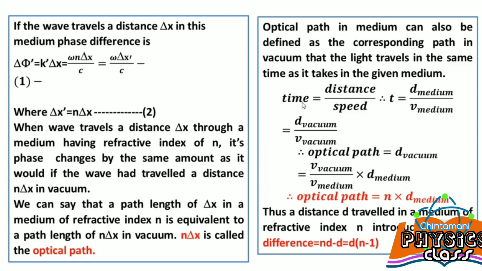According to the basic definition of speed, speed is equal to distance divided by time. Therefore, time is equal to distance divided by speed.